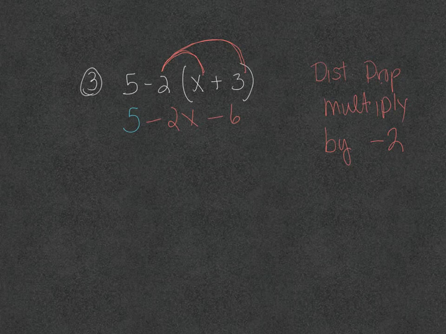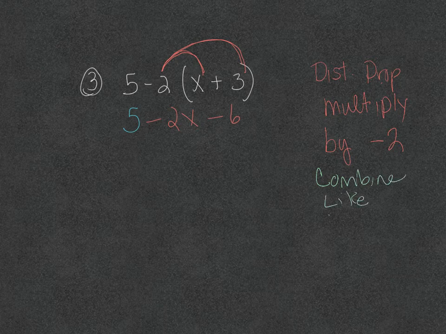After I do that, I am ready to work on combining like terms. I only have 3 terms, so I'm going to look for variable terms first. I see that I have a 5, a negative 2x, and a negative 6. That negative 2x does not match up with anything, so I'm going to bring it down to my answer.